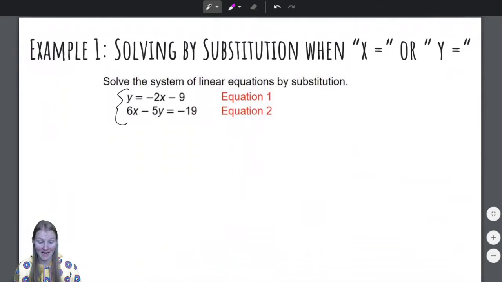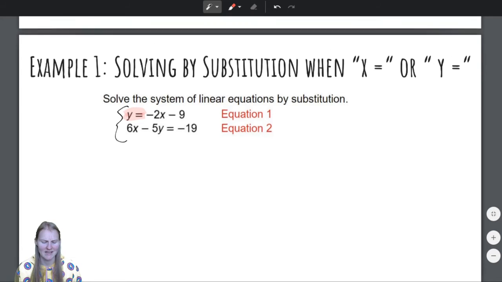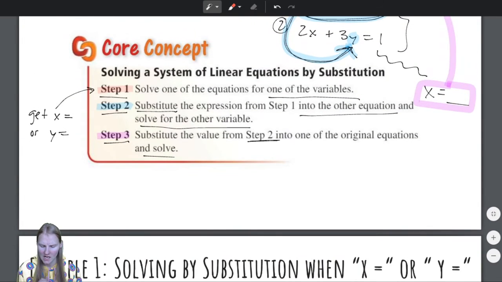Now today, all of the examples that we do today, notice that we already have y equals. In both of the examples we do today, we already have step 1 done. So we don't have to worry about step 1. Step 1 is right there. I have y equals negative 2x minus 9.